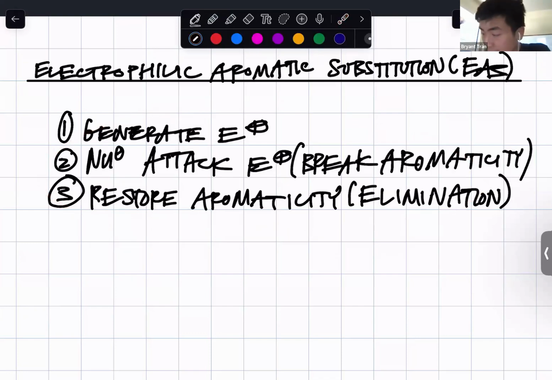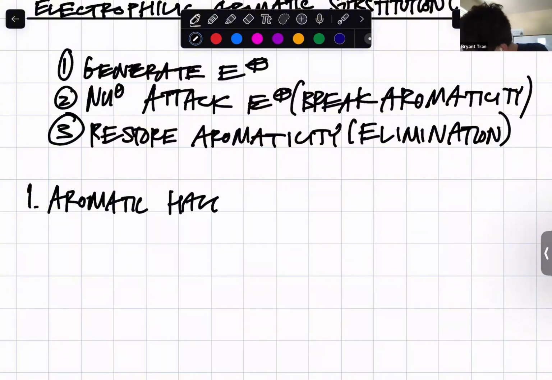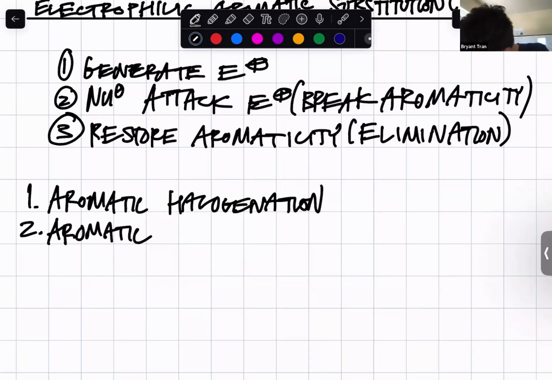There are five specific types of EAS reactions that you need to know. The first one is aromatic halogenation. The second reaction is aromatic nitration.